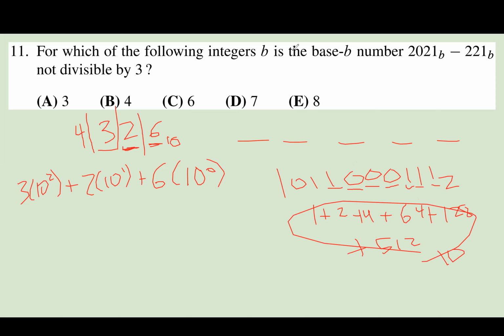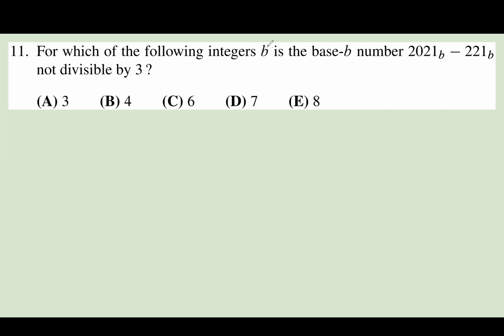So this question is saying, what if we're in some base b, and we don't know what b is, but we know that the number 2021 base b minus 2221 base b is not divisible by 3 in base 10. So the 3 is now in base 10, so we should convert these numbers into base 10.